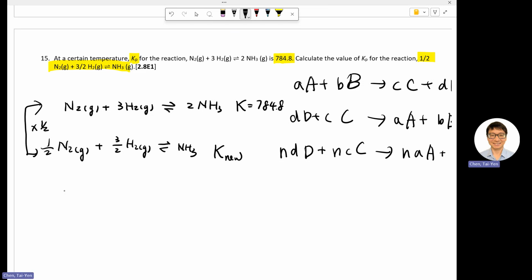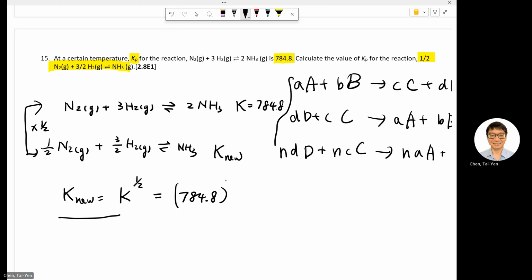And then from the concept we just went through, the new K equals the original K raised to the 1/2 power in its exponent. So it will give you that relationship. This is going to give you 784.8, and you take the square root of that.